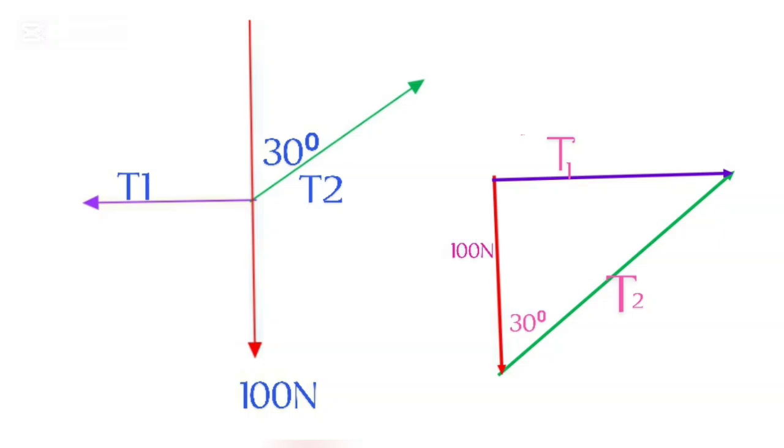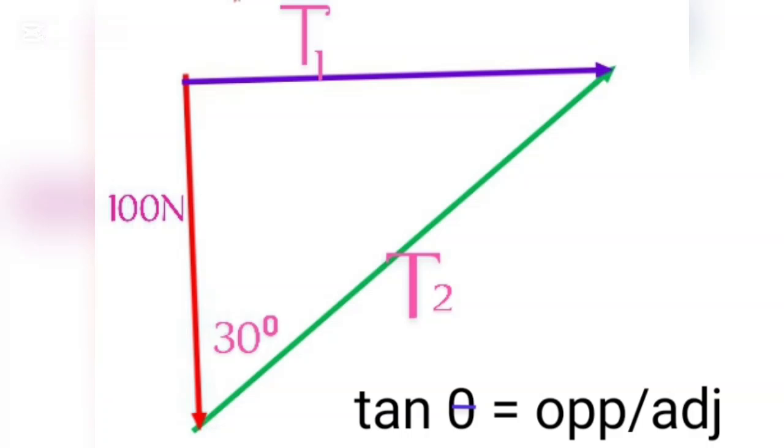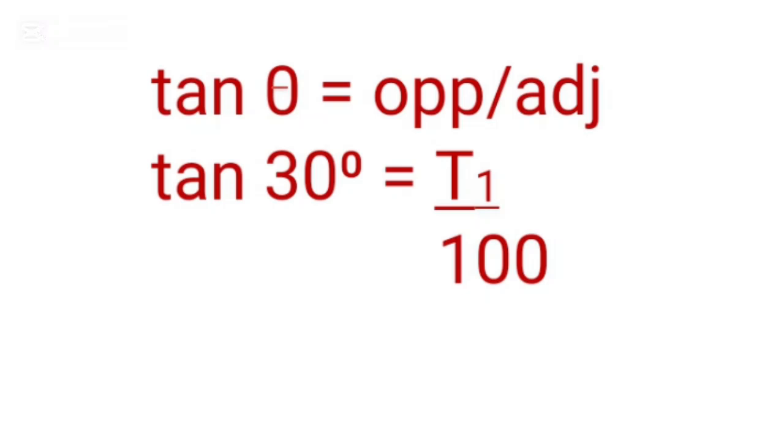If you look at 30 degrees, the opposite of 30 degrees is T1. The adjacent of 30 degrees is 100. The relationship between adjacent and opposite is tan theta. Tan theta is equal to opposite over adjacent. So using that formula, we are going to have tan 30 degrees is equal to T1 over 100.